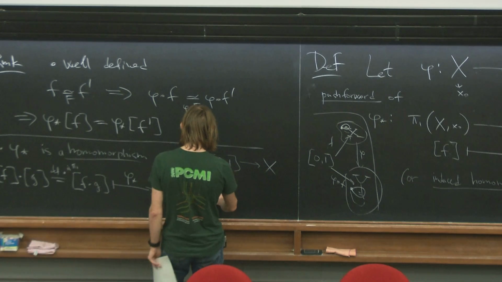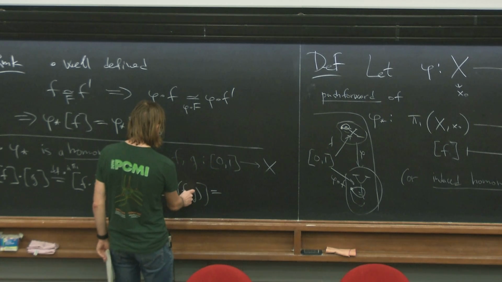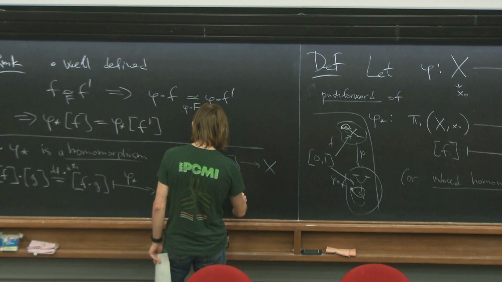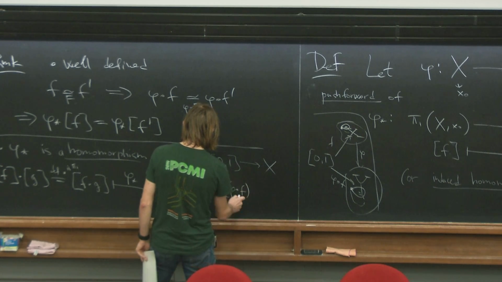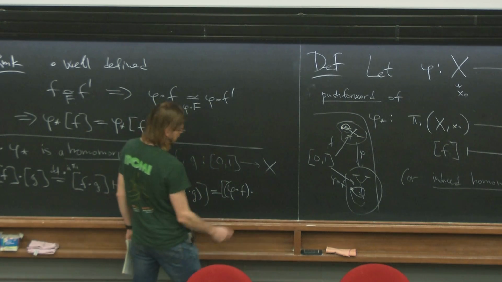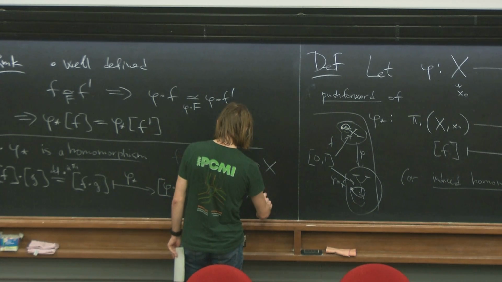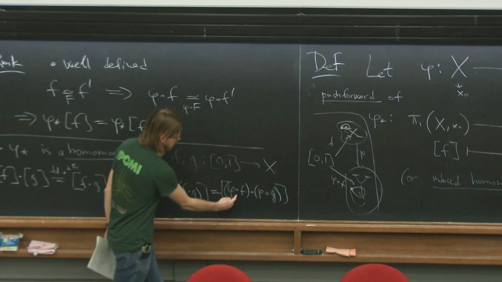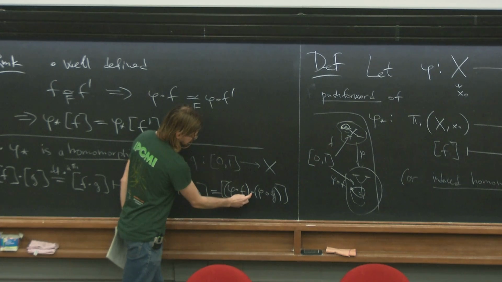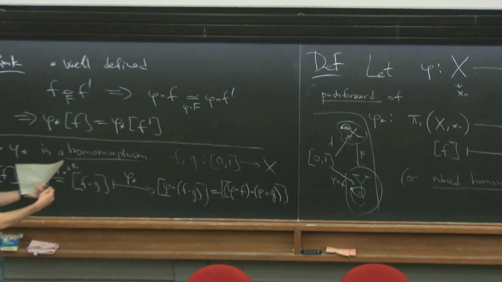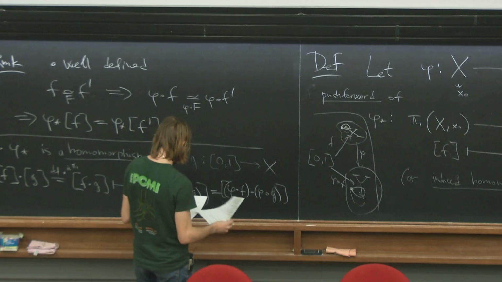But of course this is distributive, so you can instead compose f with phi, which gives us some loop in Y, and then compose it with phi composed with g. Again, this is a composition of functions in the usual sense, and this is a composition of loops as a kind of stacking together.